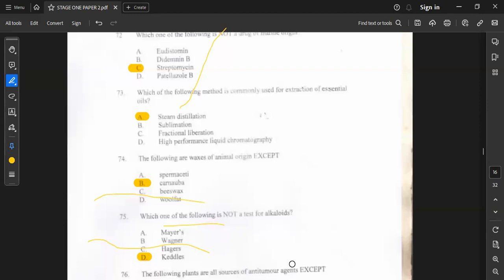Or just to add on, they can be extracted using chloroform, ethanol, or ether, and they form salts with acid.